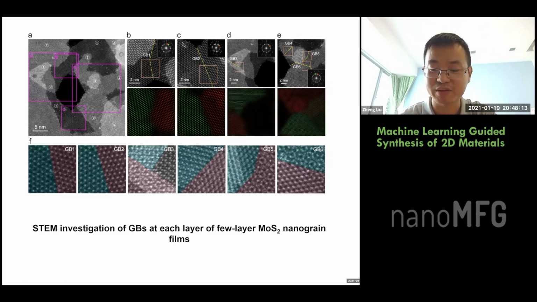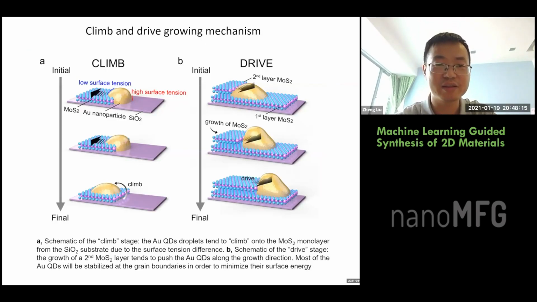So we propose this climb and drive mechanism, because of the surface tension difference between the gold and the molybdenum sulfide. For monolayer, the surface tension is low.